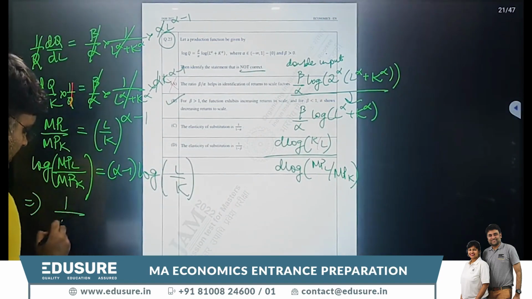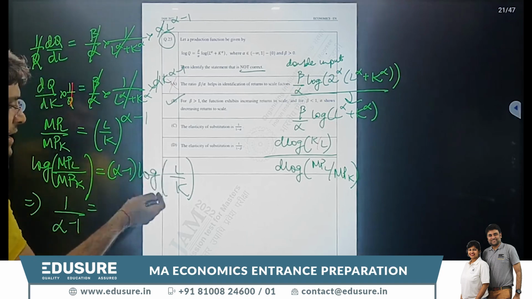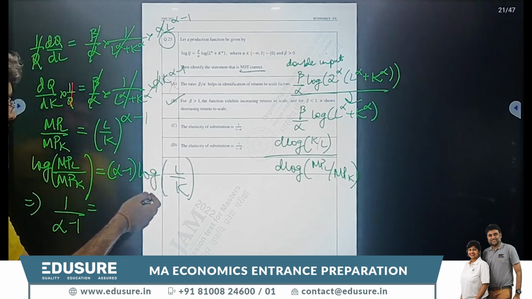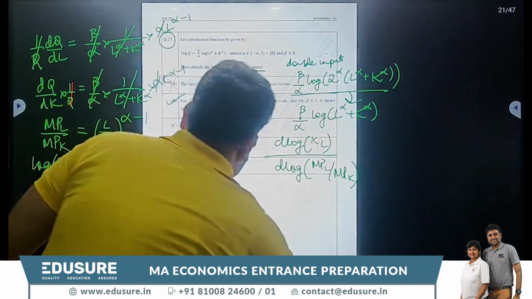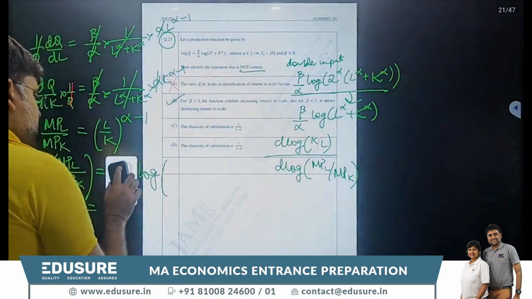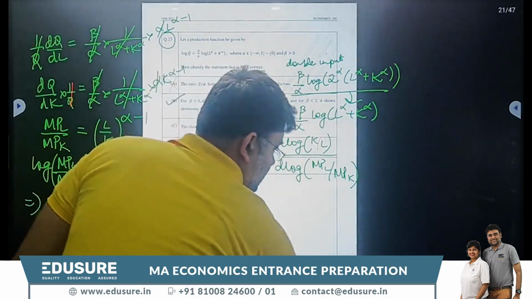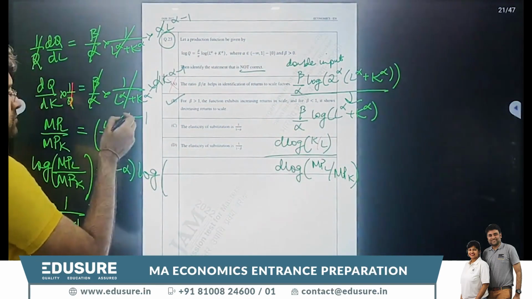Now 1 by alpha minus 1 is now log L by K will become log K by L if I make this change. What change will I make? I'll make this 1 minus alpha. Okay.